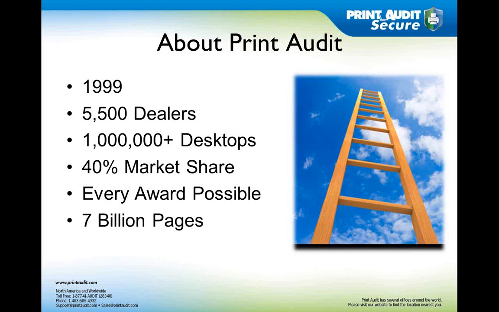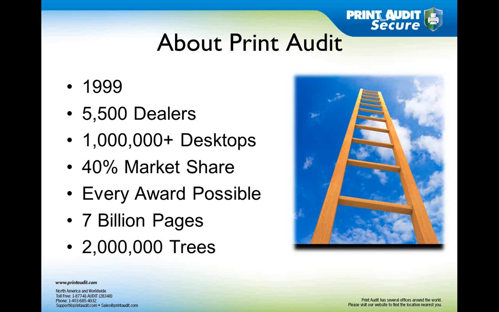And another great statistic is with the device management system, we are now monitoring about 7 billion pages, which is an amazing amount of pages and information on devices around the world.